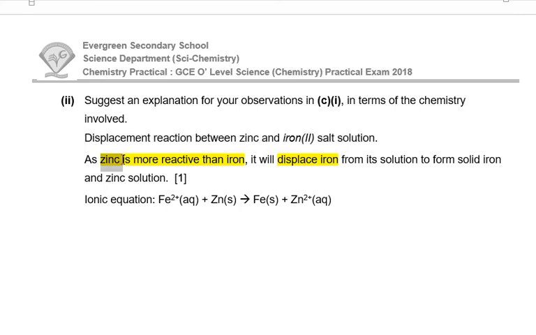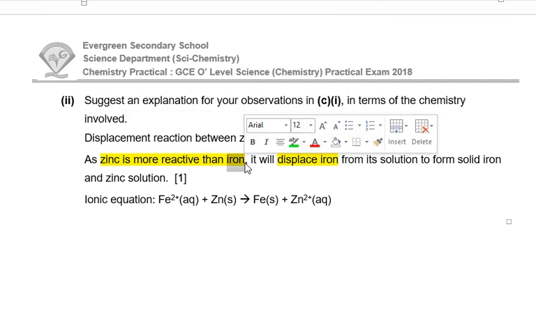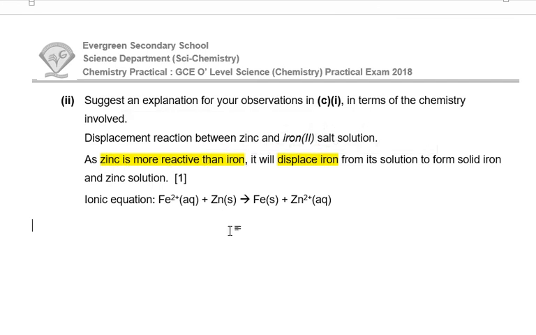Like what I mentioned before, since zinc is more reactive than iron, okay, so in this case actually iron, not copper, it will actually displace the iron from the solution to form solid iron and zinc solution. Alright, so this is the ionic equation.